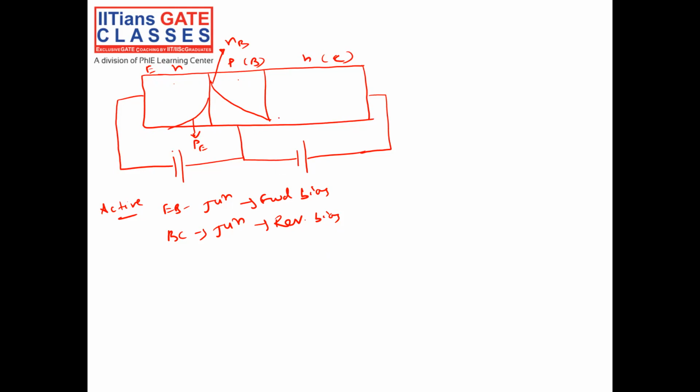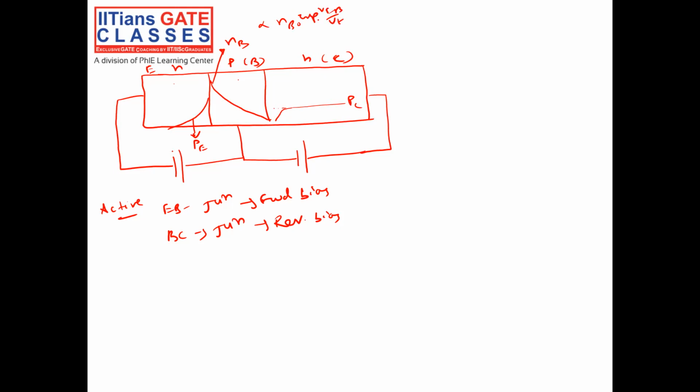And in the collector, since it is reverse bias, suppose this is the N region, so this is P in the collector. There will be a little bit of reduction, because this is reverse bias. Whenever there is a forward or reverse bias, the carrier concentration at the junction will be proportional to NB0, the zero-bias value, times exponential of VEB by VT.